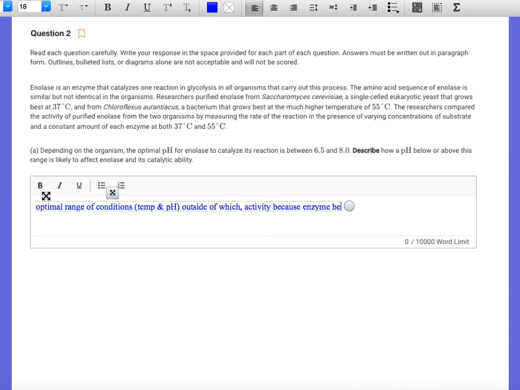The enzyme begins to denature, either because it's somehow interfering with the interactions of the R groups in the protein, which then will cause the enzyme to begin to unfold or change its shape enough that it can no longer catalyze the reaction that it's there to catalyze.